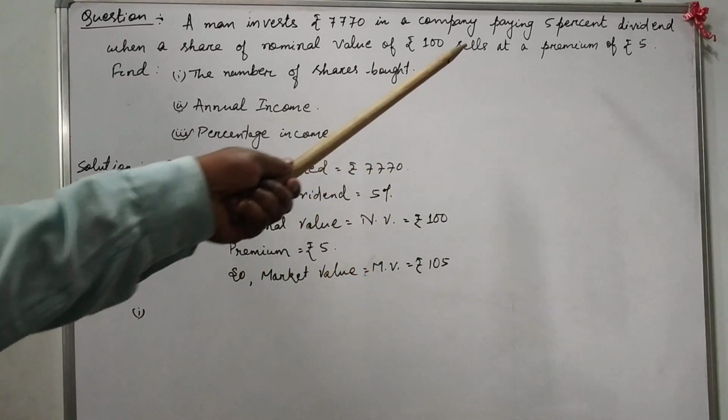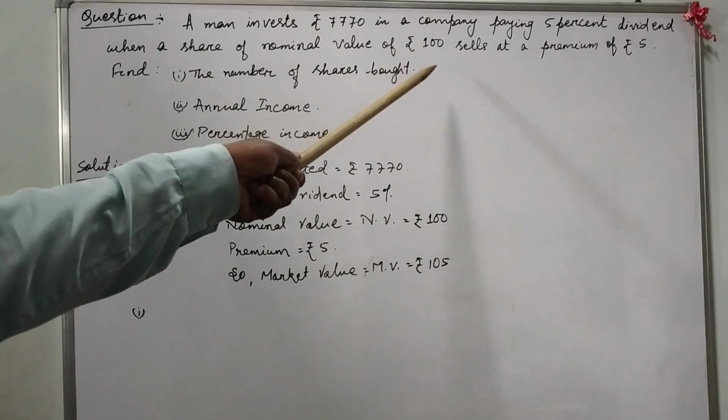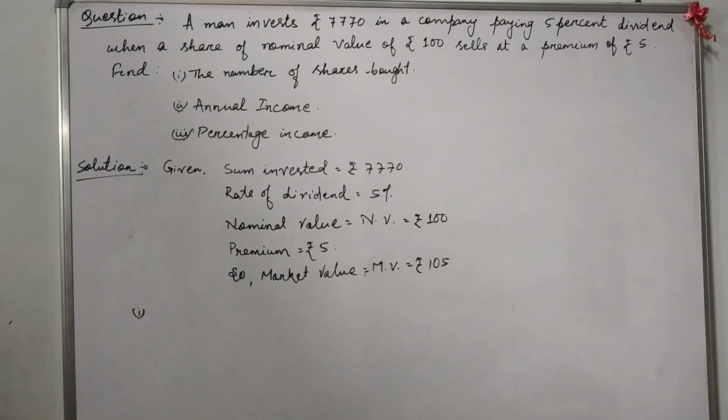Similarly, it is given that the share sells at a premium of rupees 5. What does it mean? Sells at a premium of rupees 5 means the nominal value of the share is rupees 100, but it is selling at a profit, above par or more than the nominal value, in the market. And how much more?